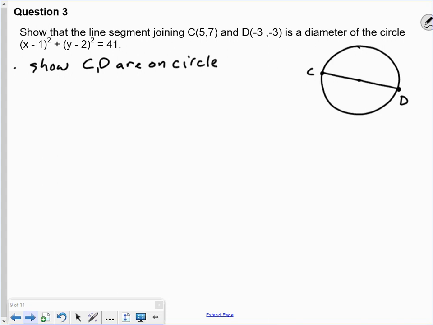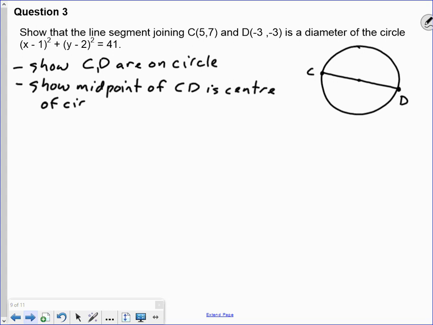So we can show that CD is a diameter by showing the midpoint of CD is the center of the circle. So we'll do this in two stages here. Let's do the first stage. Number one, we'll show that C and D are on the circle.